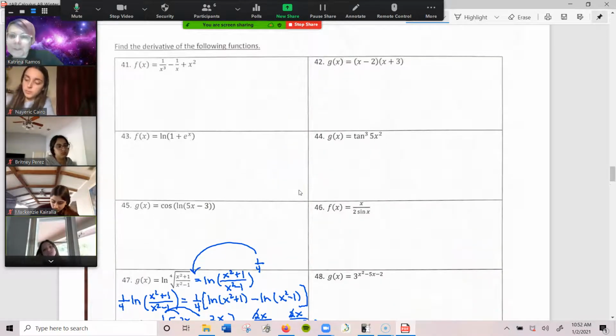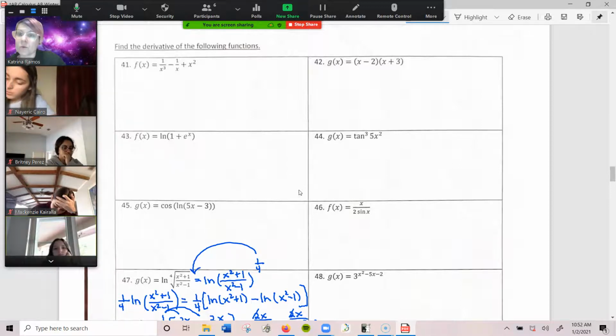For 41, when you have a problem like this where you have a lot of fractions, but the denominator is a monomial, so just that one term, bring it up. And remember, when you're bringing up a term, that means the exponent changes from positive to negative. So what I do first is I'm rewriting the function.